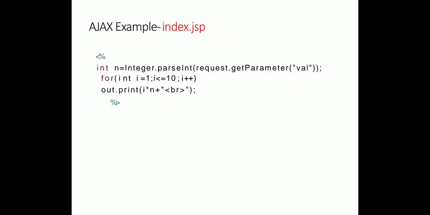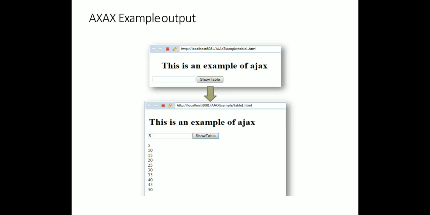So index.jsp contains int n equals Integer.parseInt(request.getParameter("val")). That val variable you have already used in the previous script is defined here. For int i equals 1, i less than or equal to 10, i plus plus, out.print(i*n). So we are getting that output as 5, 10, 15, 20, whatever input you have given.